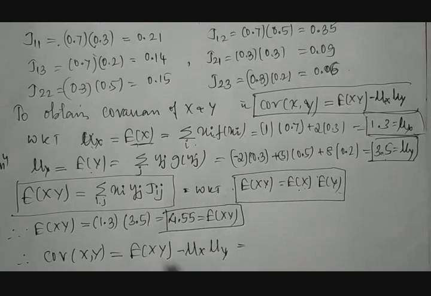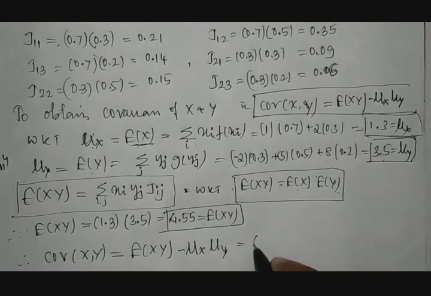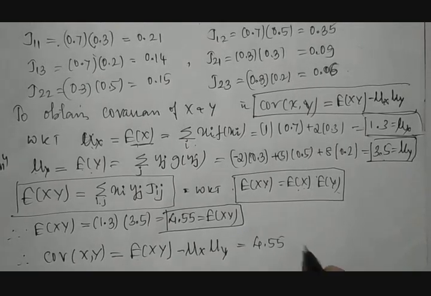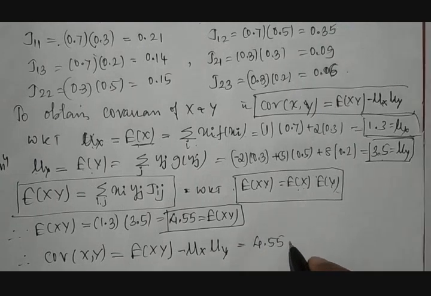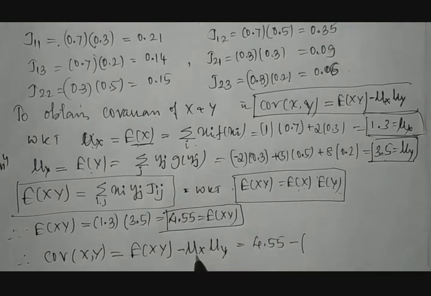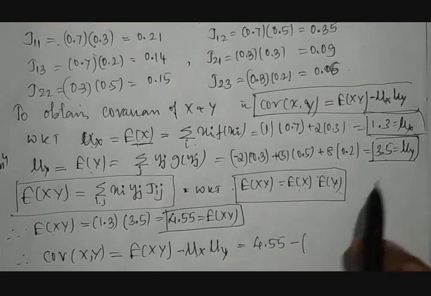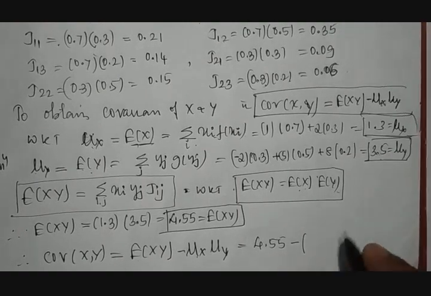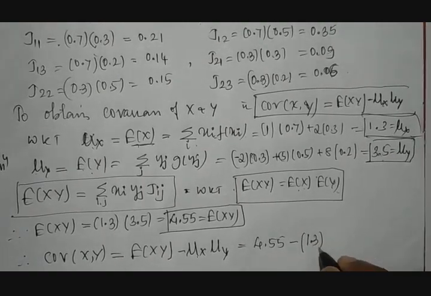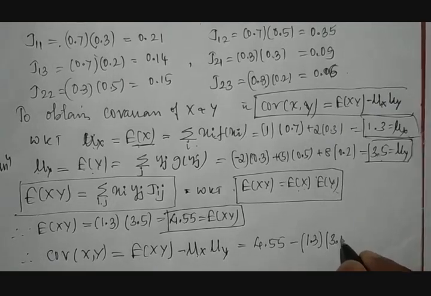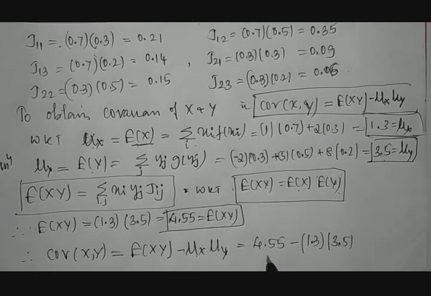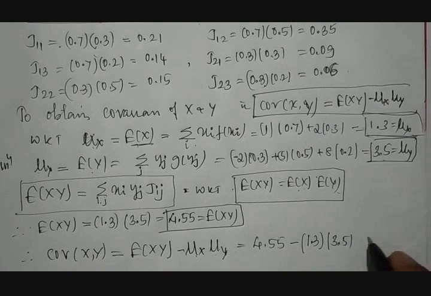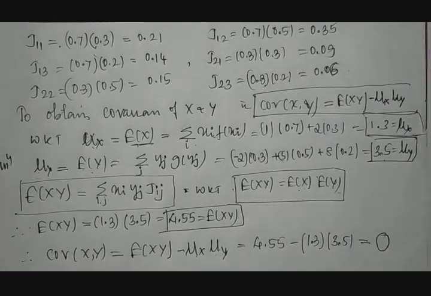Therefore, it is 4.55 minus expectation of x, that is mu x, which is 1.3, into 3.5, expectation of y. If you calculate this all together, then we will be getting 0.